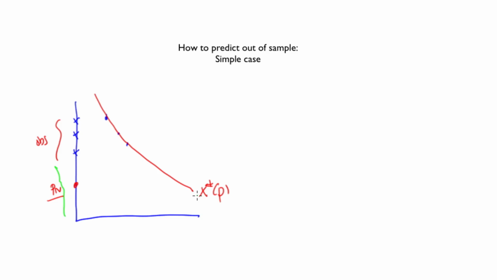And once you know what the demand function looks like, as we have seen, you can compute the consumer surplus at new prices too. You can compute the consumer surplus at the new price. That's it.